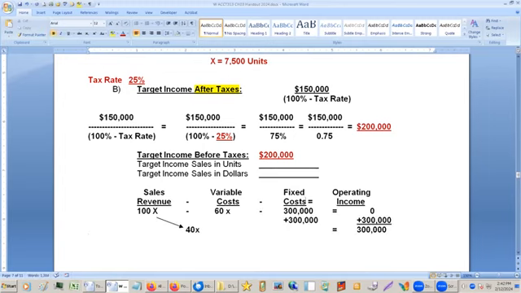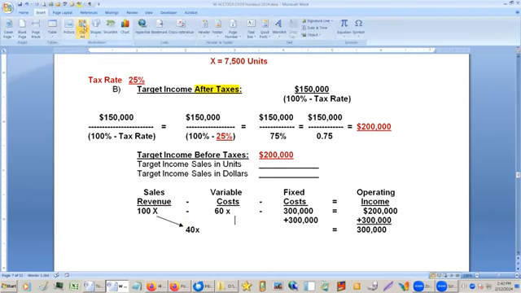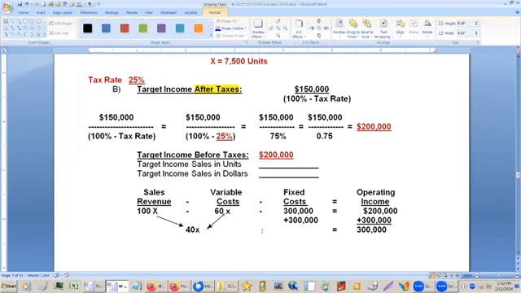Our operating income will be $200,000. So we'll have to make 200,000 to have 150,000 left over. And did I mess something up here? Okay.